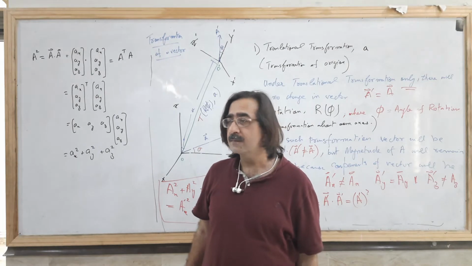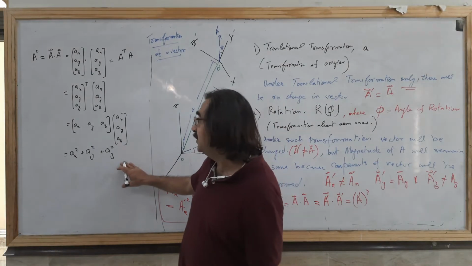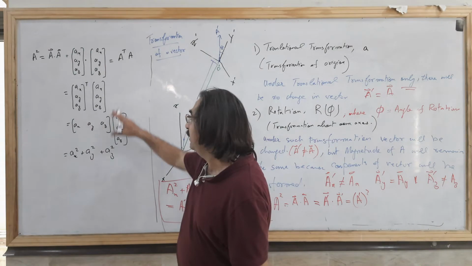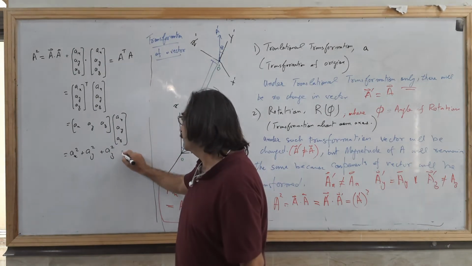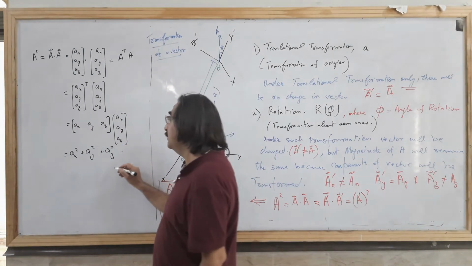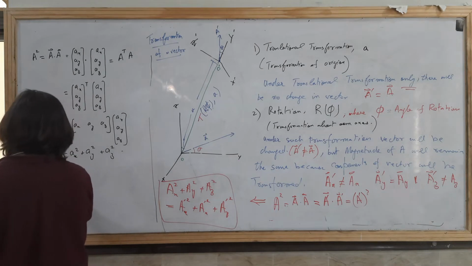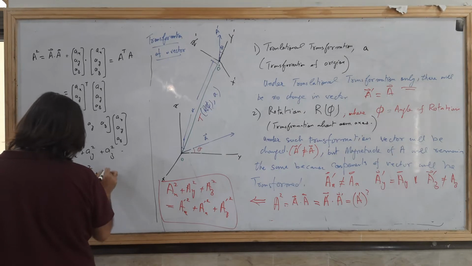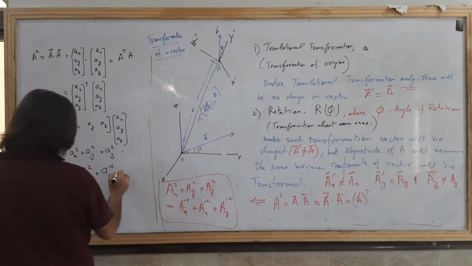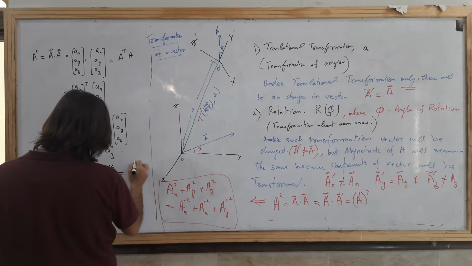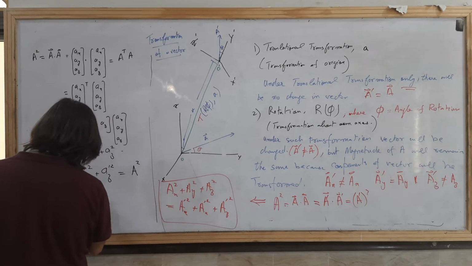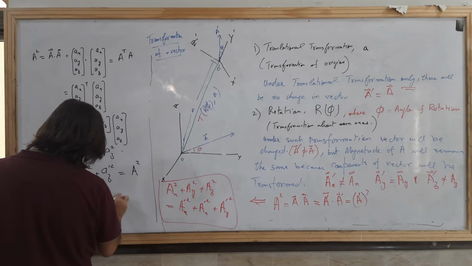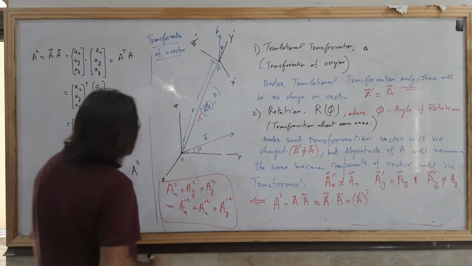Okay, and this must remain the same. That will be equal to this; it is our constant, invariant. Why invariant? Because a dash square will be ax dash square plus ay dash square plus az dash square, and this will be equal to a square, that is equal to ax square plus ay square plus az square.